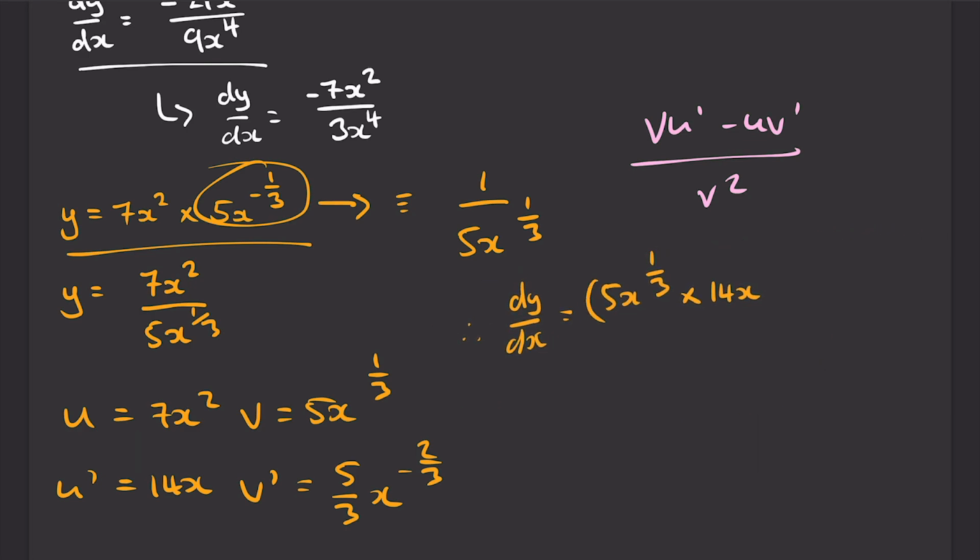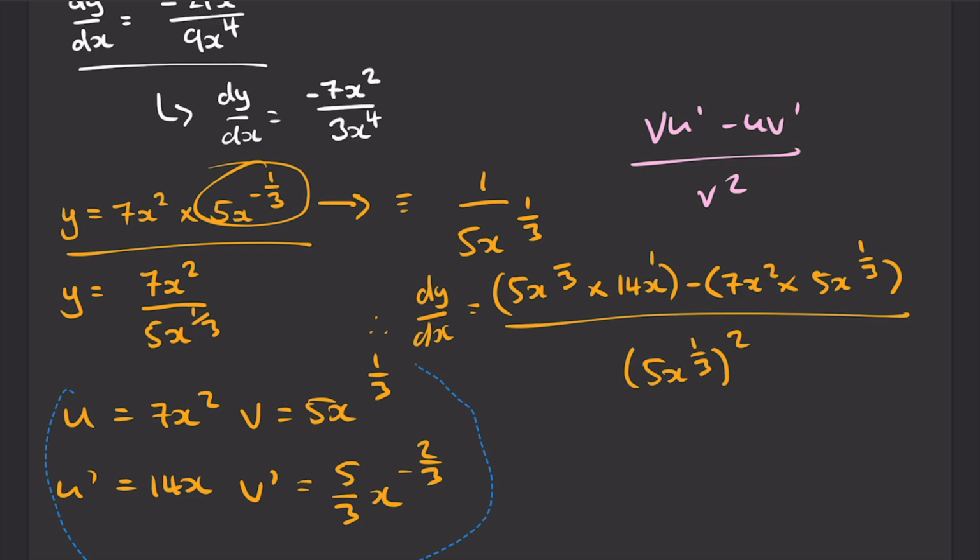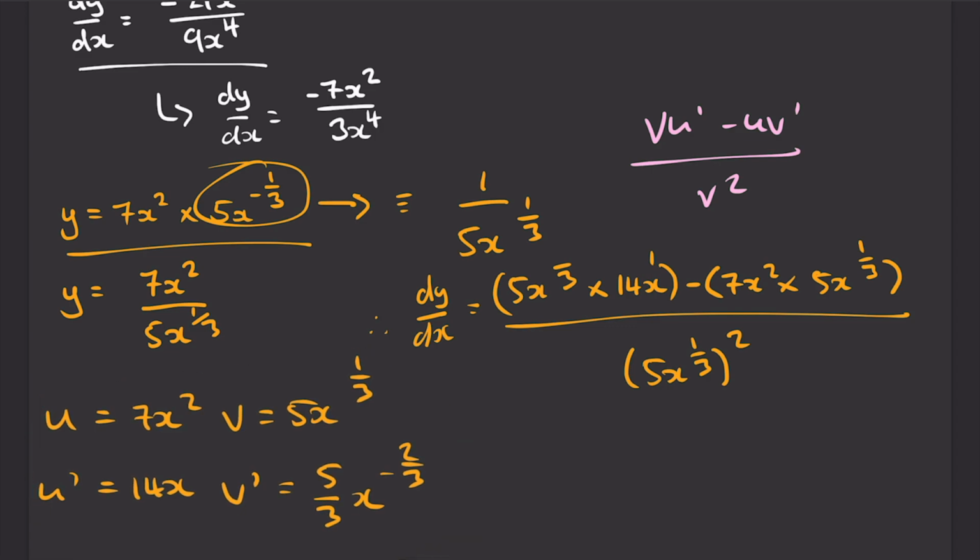And then subtracted by u, which is 7x squared, multiplied by 5x to the power of 1 over 3, all over v squared, which is 5x to the third, all squared. Like so, we'll simply simplify dy by dx, just to make it look a little bit nicer.